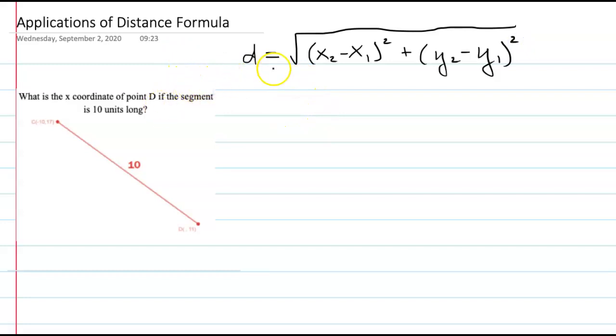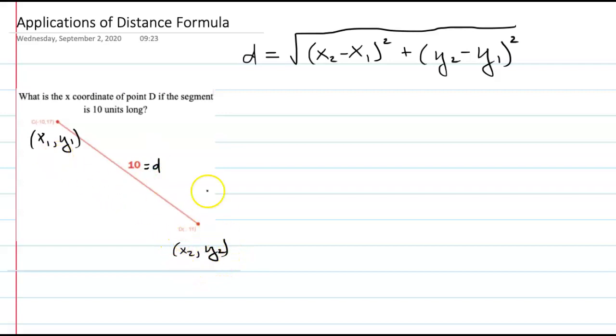And so now we have information we can plug in. So I'll label this x1 and y1. Okay, that's what we'll call this point. And we'll call this point x2 and y2. And then this, of course, is our distance d.